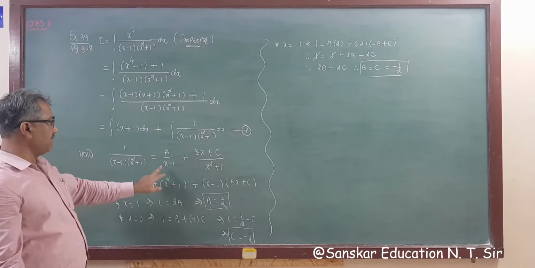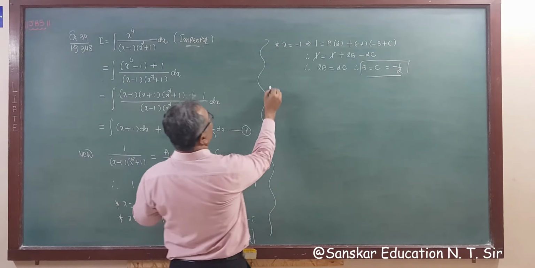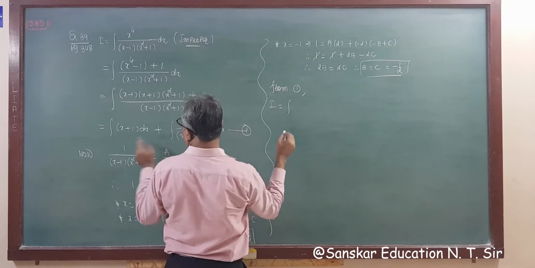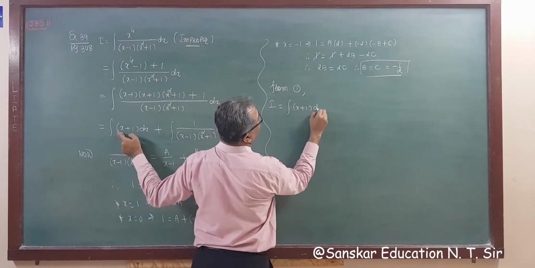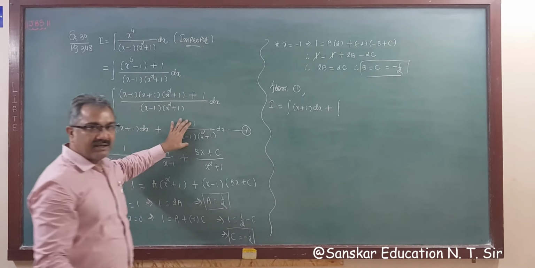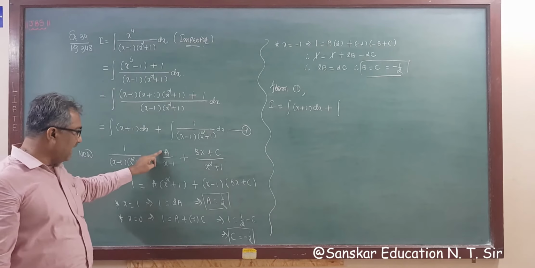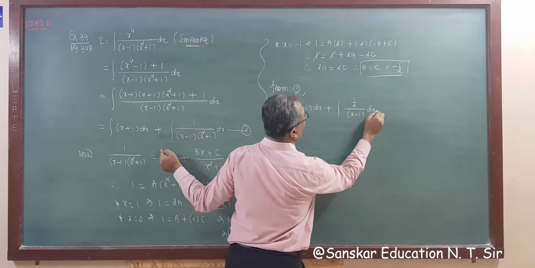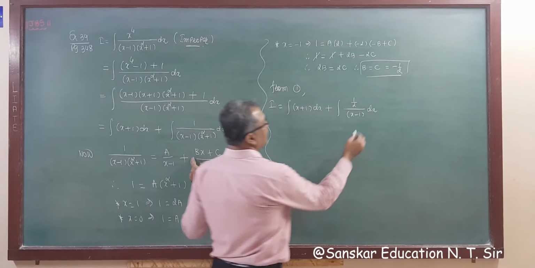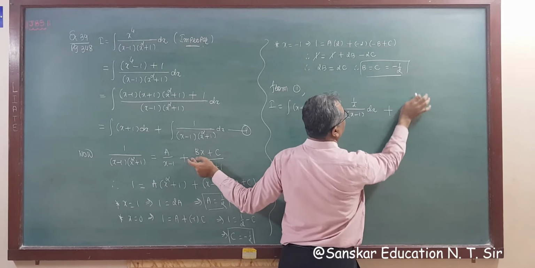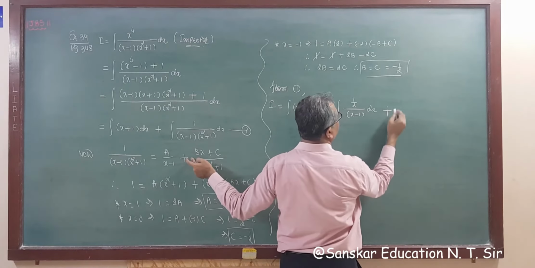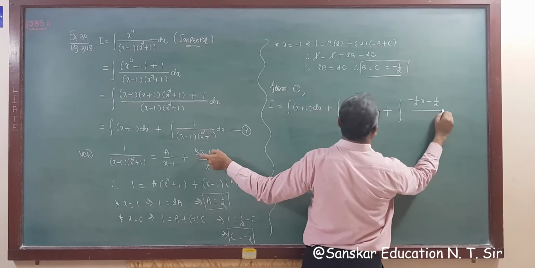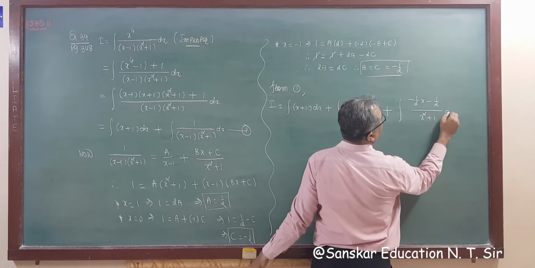Substituting all these values in equation number 1. So from 1 we get I is equal to integration of x plus 1 dx plus integration of, now the value here is A is half, so this is half upon x minus 1 dx plus Bx plus C upon x square plus 1 dx. So bifurcating this, integration of B is minus half x, C is also minus half, whole upon x square plus 1 dx.